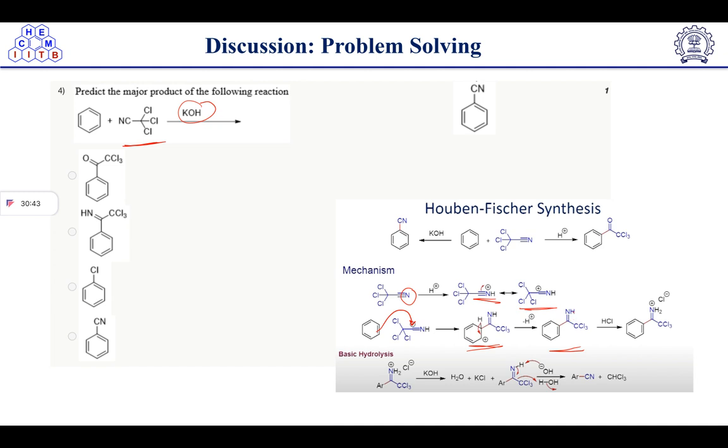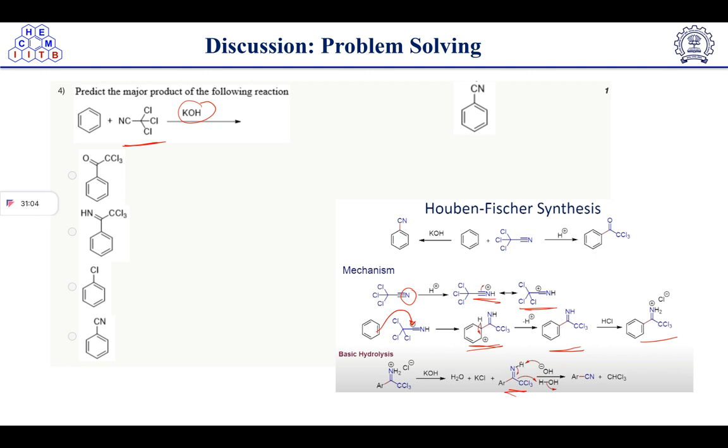Then HCl elimination will result in the formation of an iminium salt. Okay. So after the formation of this iminium salt, now the base will abstract the proton, right?